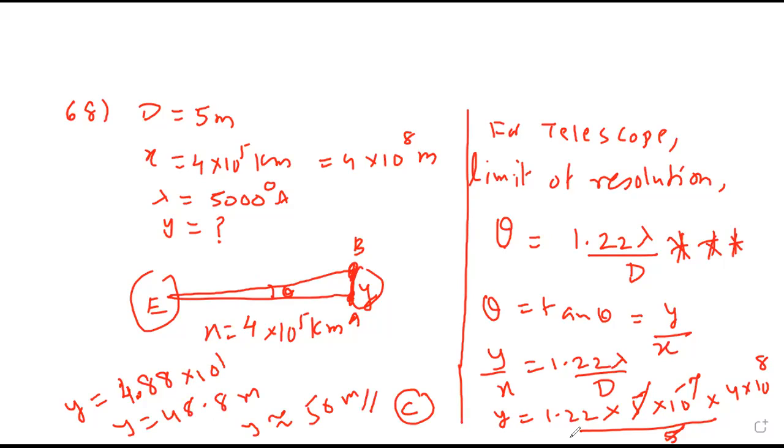For a microscope it is linear distance, and for a telescope, angular separation. The formula is slightly different. Today I am not doing theory because in the morning you have already done theory.